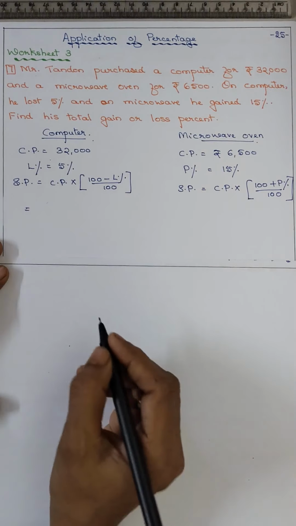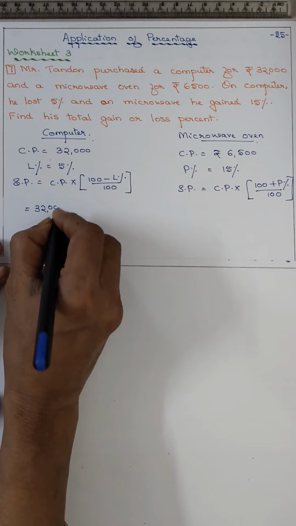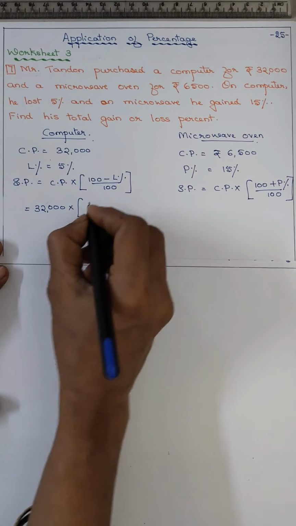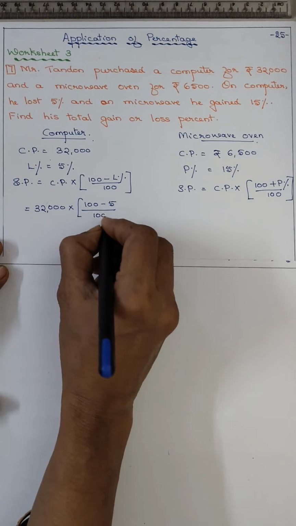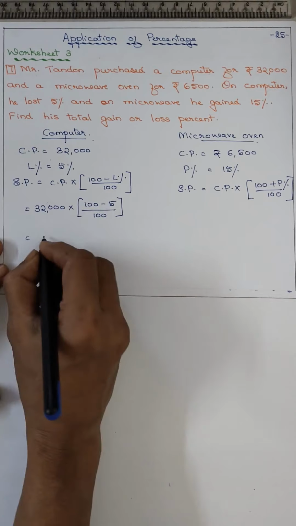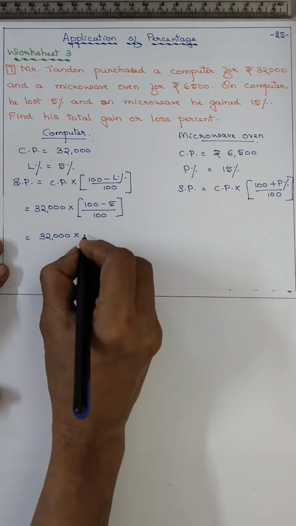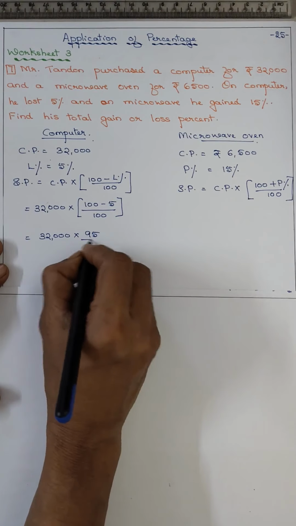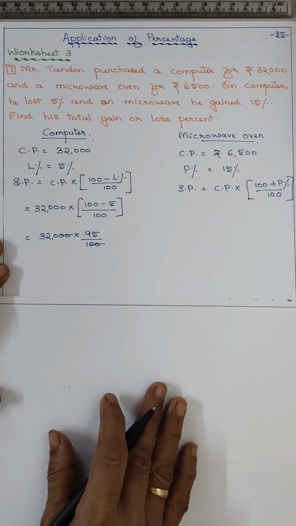Now put the values. 32,000 into 100 minus 5 upon 100. 32,000 into 100 minus 5, 95 upon 100, 20 cut.